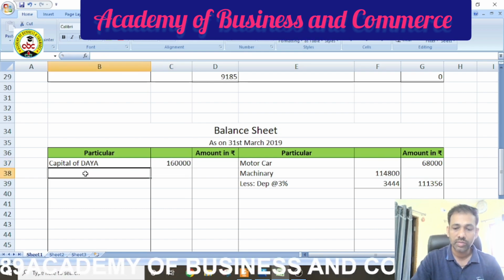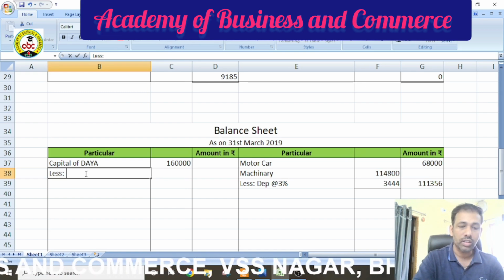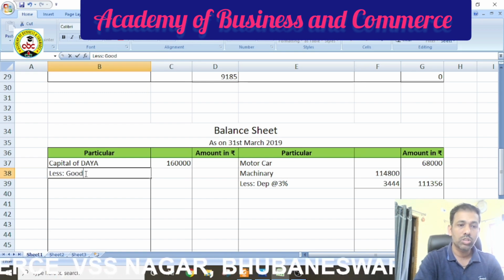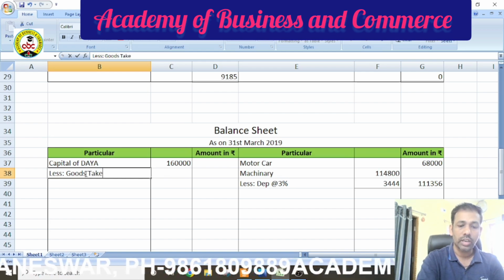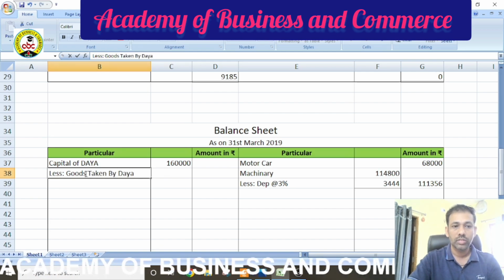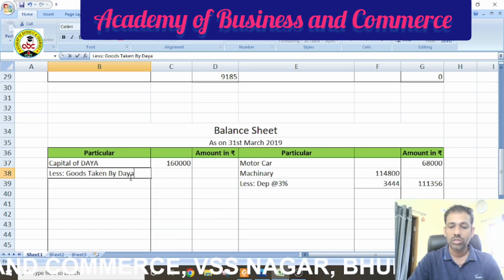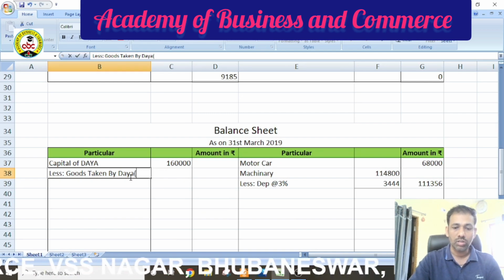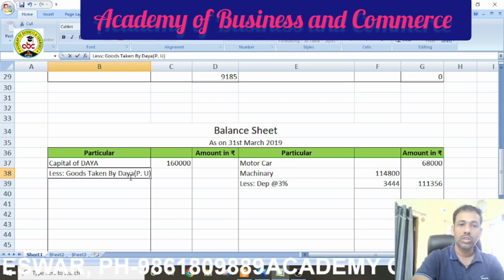Then less goods taken by the partner, that is personal use. So I'm shortly writing P use.